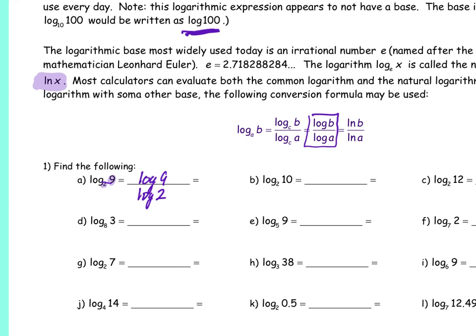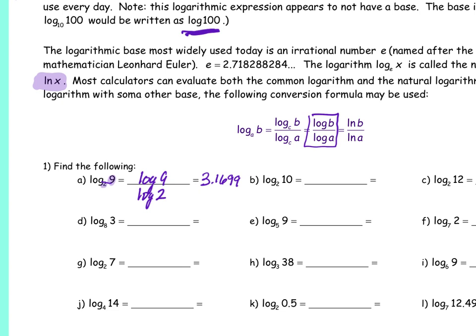Then divided by, another parenthesis, 2, then log base 10, and then equals, and it should be, going to 4 decimals, 3.1699. So that's how we do this.